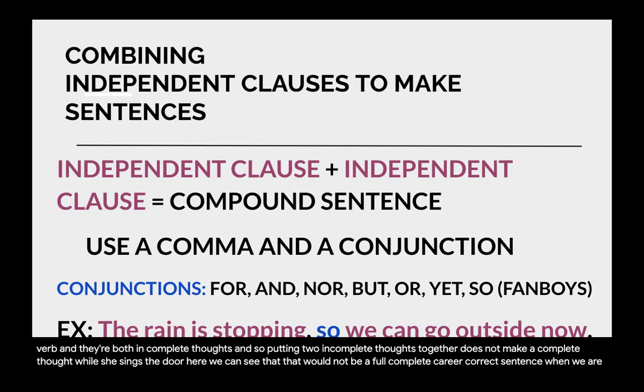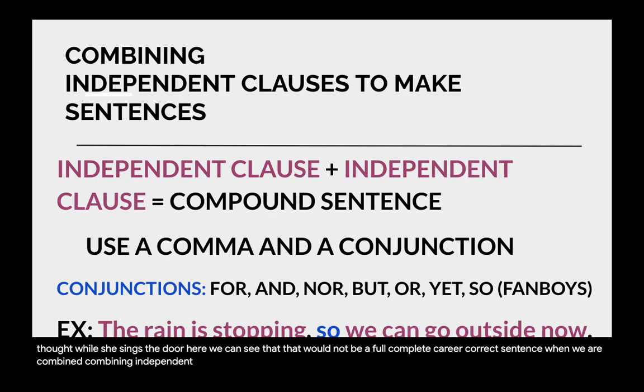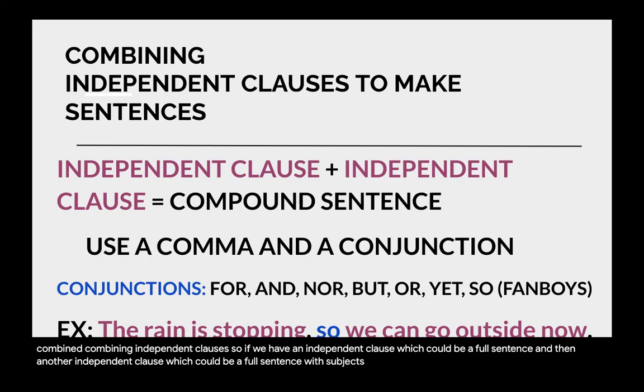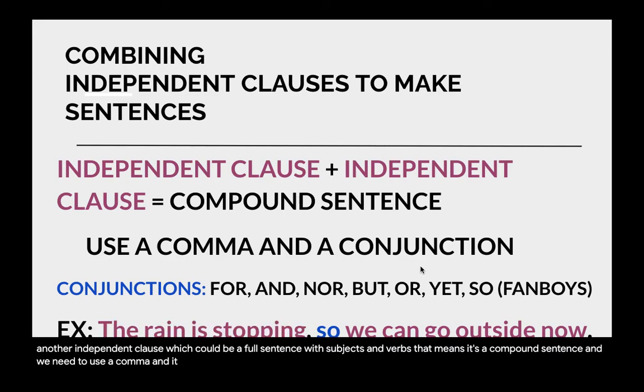When we are combining independent clauses, so if we have an independent clause, which could be a full sentence, and then another independent clause, which could be a full sentence with subjects and verbs, that means it's a compound sentence, and we need to use a comma and a conjunction to join the two. Just as a reminder, our conjunctions are our FANBOYS words, so for, and, nor, but, or, yet, so.